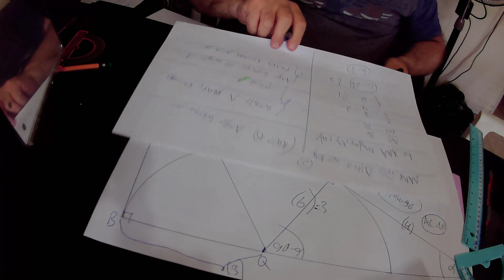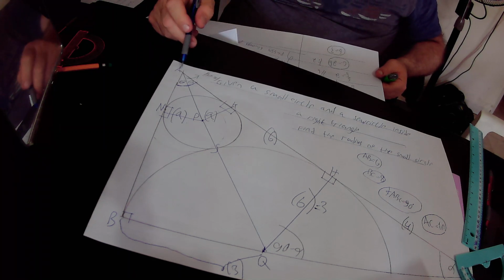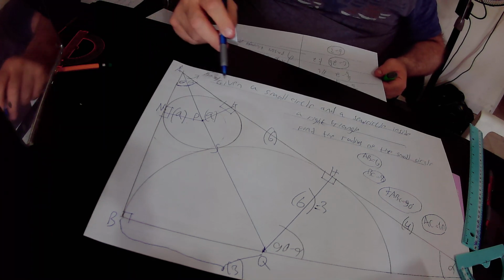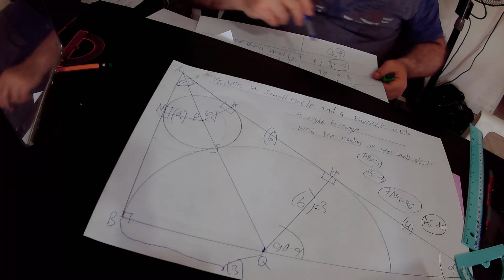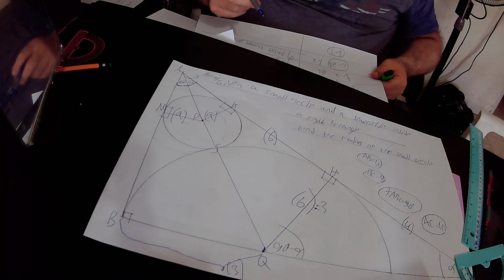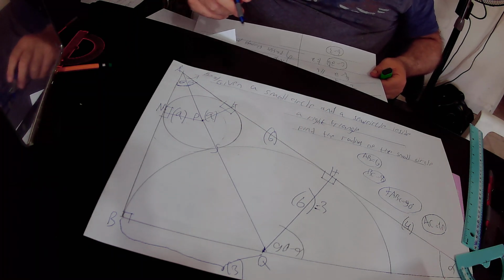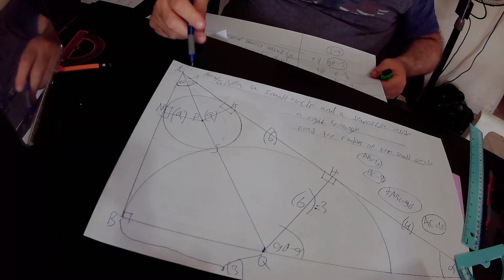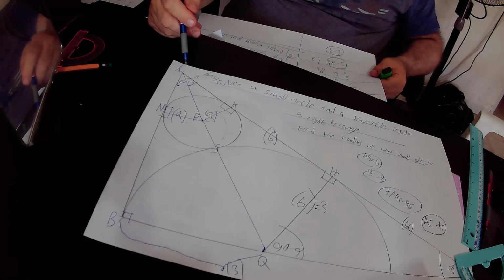So in conclusion, we can say that the angle bisector of this angle A passes through point P and through point Q. And of course, that angle bisector of this angle A must pass through point A. It is trivial, but I must say it.